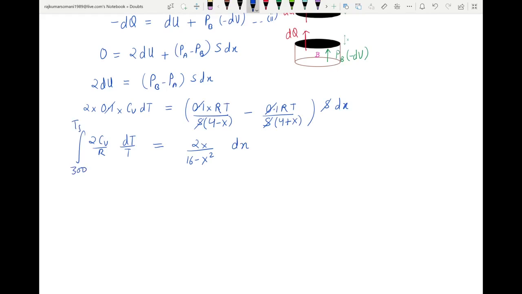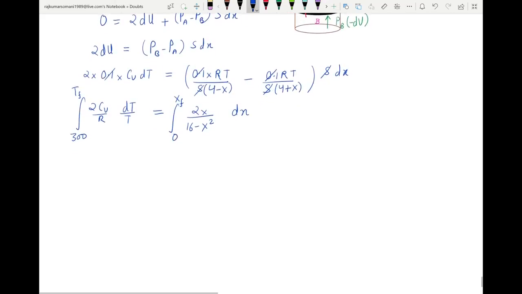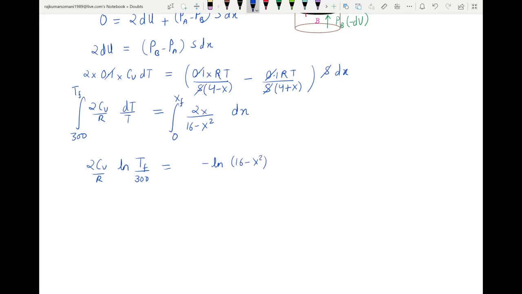Final temperature, let's say TF. And here the initial displacement of the partition was 0. Final is, let's say, XF. After integrating this, I can say that 2 Cv by R ln of TF divided by 300 is equals to, integration of the right hand side is minus ln of (16 minus x square), and the limits are 0 to xf.